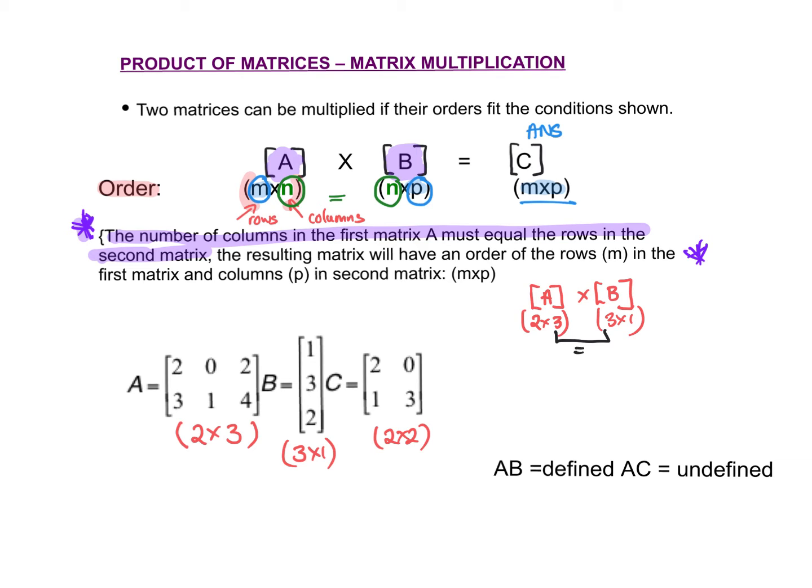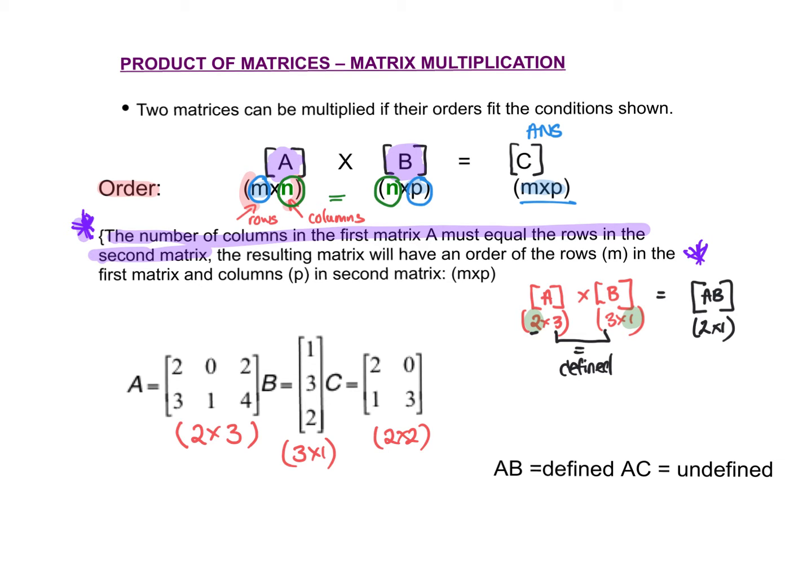Because that's equal, that means this is defined and it can be multiplied. If we multiplied them together, we'll end up with another matrix. I'll call it AB. I've multiplied them together, and it's going to have an order of 2 by 1. I take that from there, and that's what the answer will look like.